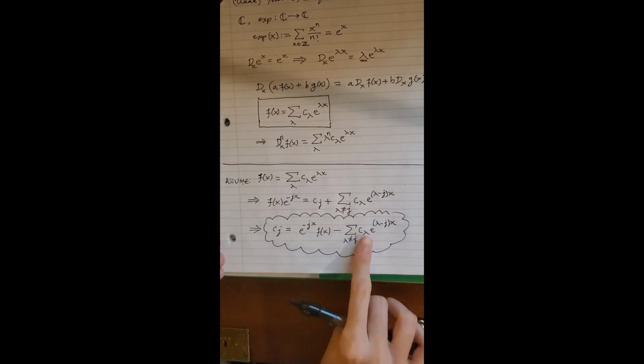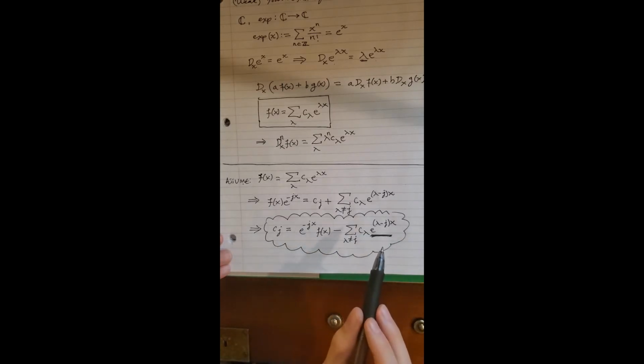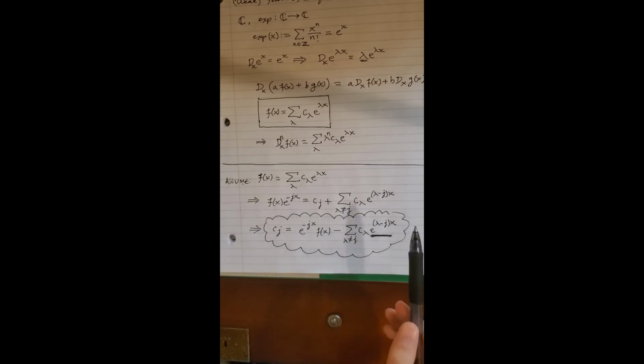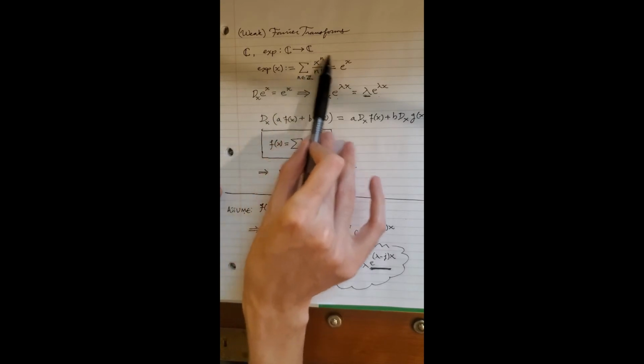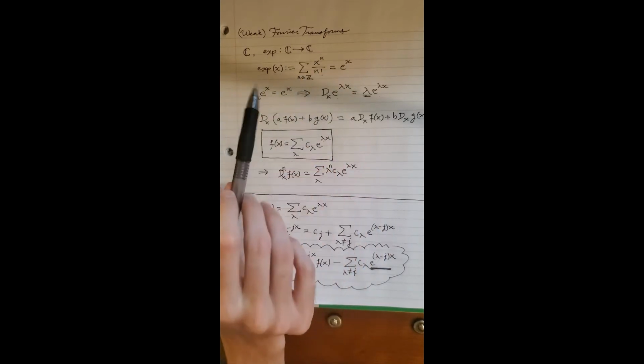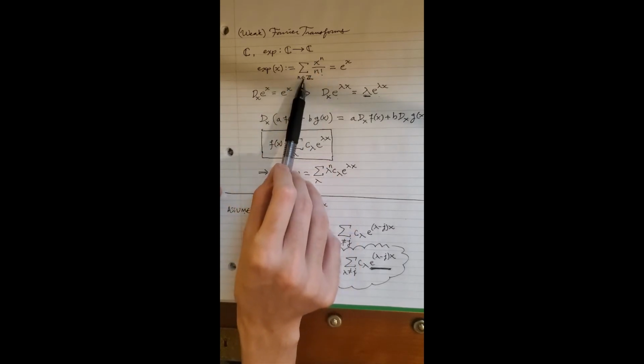But we can actually get around this problem because of some properties of this function here. The exponential function is very special because it's analytic, which means that it's basically equal to its own Taylor series, which is how we defined it. So because it's defined as a Taylor series, it's automatically analytic if it converges, and it's easy to prove that this thing converges.